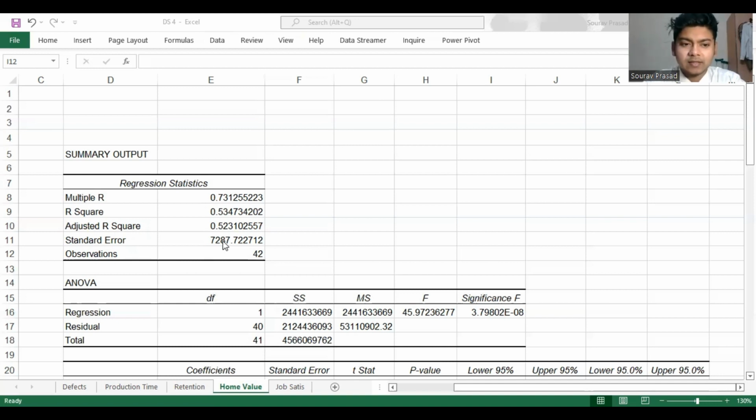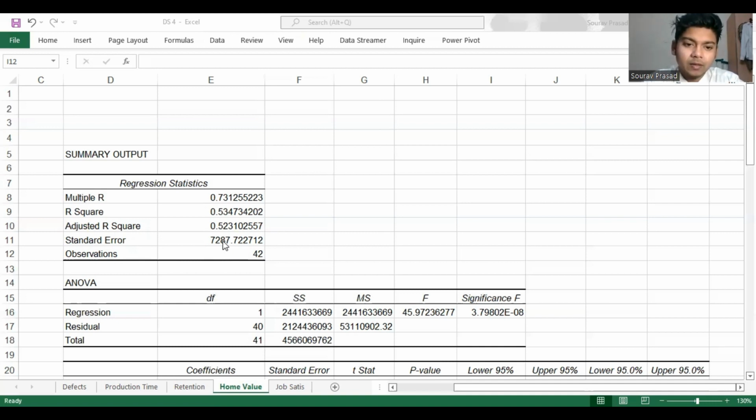Whenever there are other factors included in the price of the land, like a hospital or marketplace nearby, the market value depends upon these variables as well. So only 53% is explainable. Now we have the standard error.